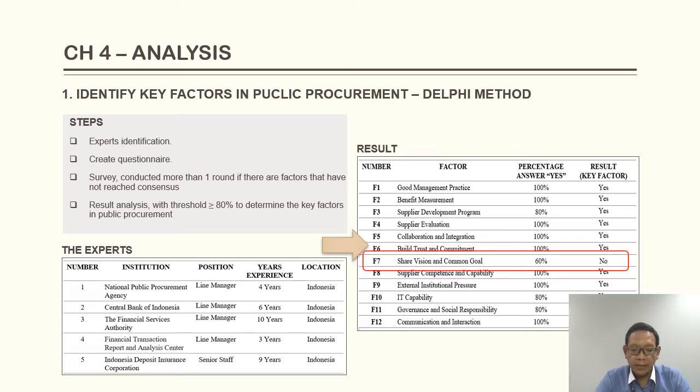So it was excluded from the main factors. From the input obtained, the vision and goals of the government and suppliers can be different as long as each carries out the rights and obligations according to the contract.